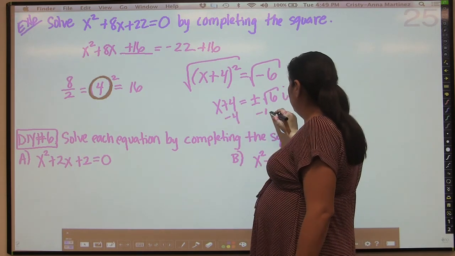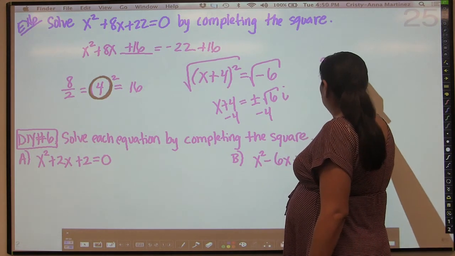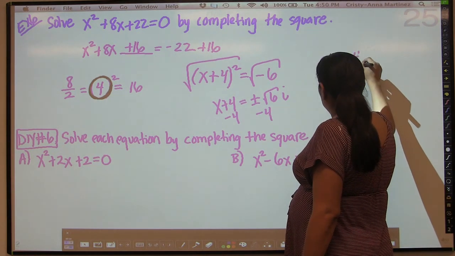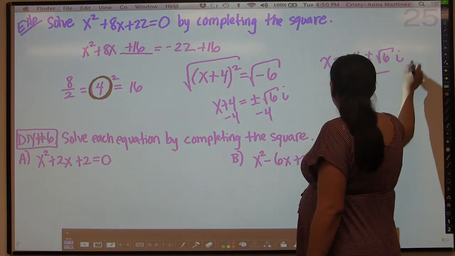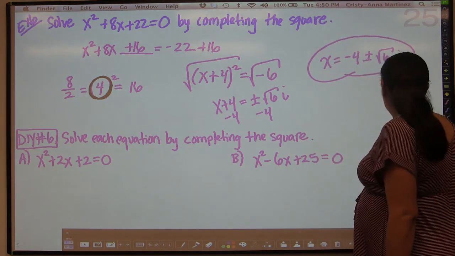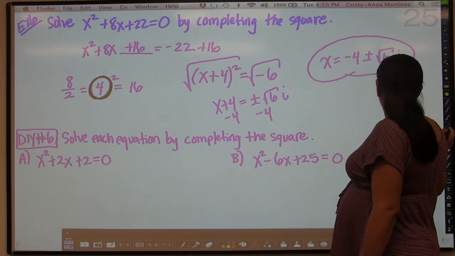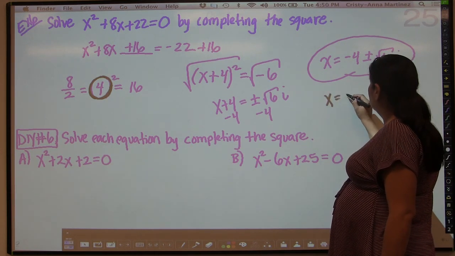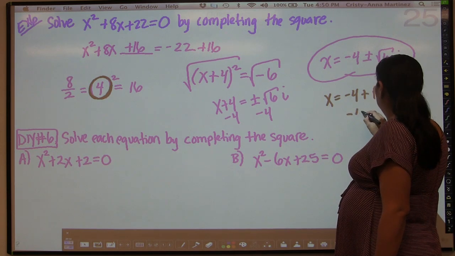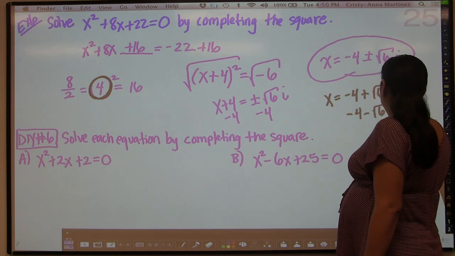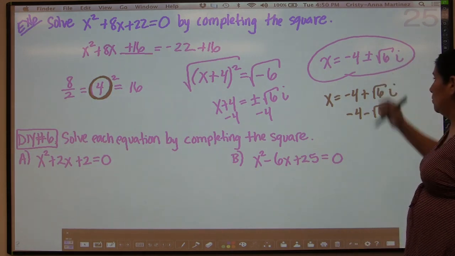I'm going to subtract 4 from both sides, so my final answer will be x equals negative 4 plus or minus root 6i. And again, it's totally appropriate for you to leave your answer like that, or if you'd like, you can write them out separately, negative 4 plus root 6i and negative 4 minus root 6i, two separate answers, or you can write them as one.